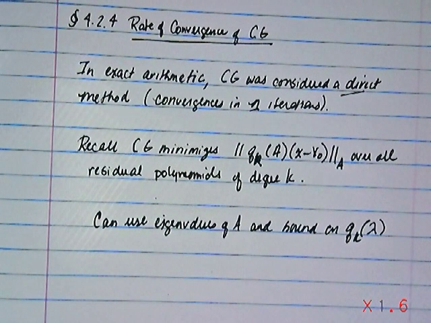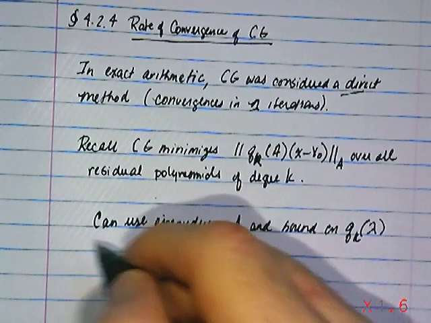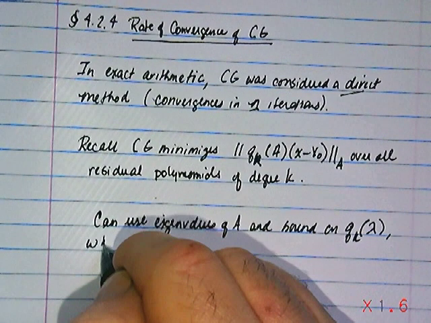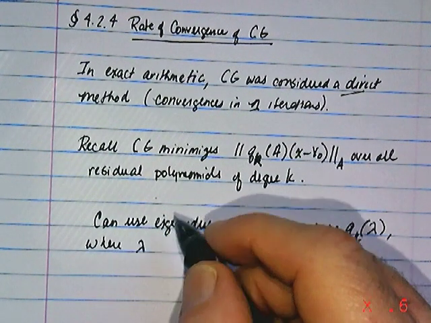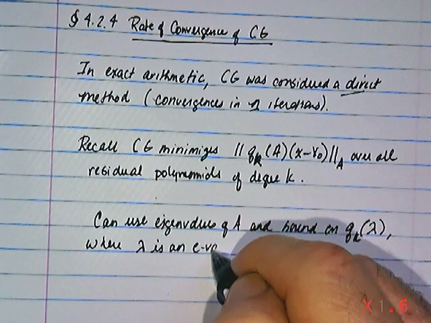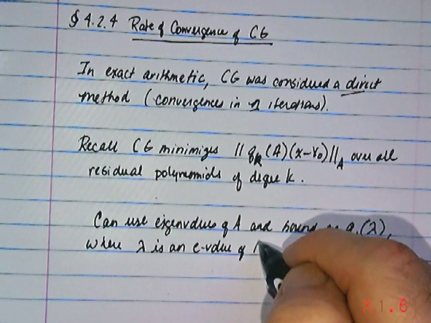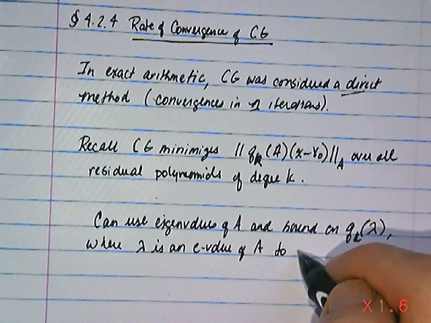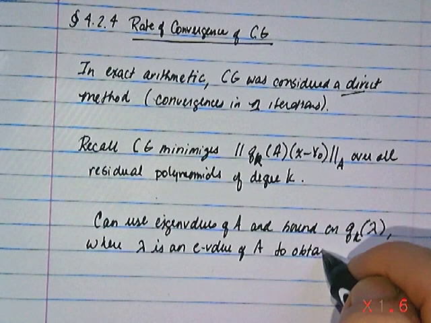So we're going to look at this function q_k of lambda, where lambda is an eigenvalue of A. I'm going to write E value, to obtain the following bound.